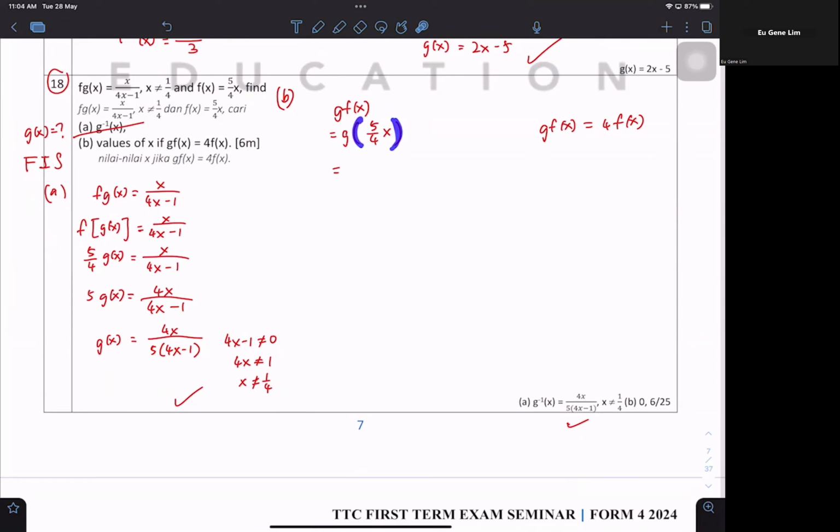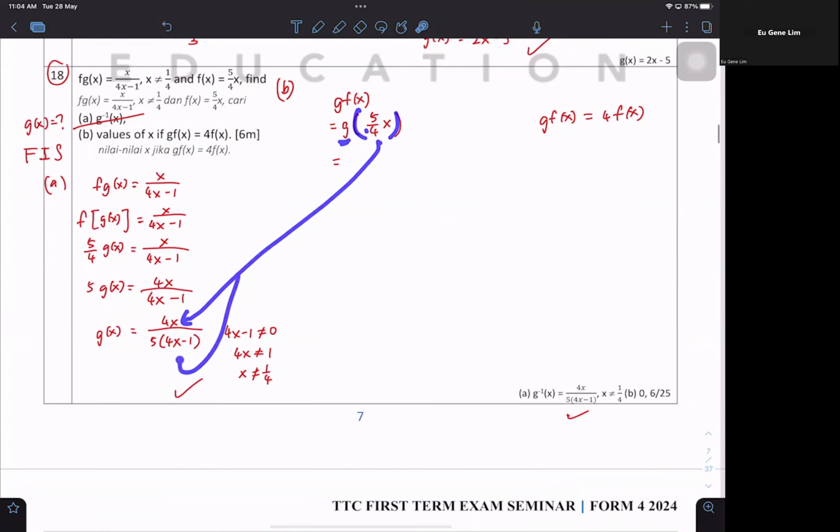But then this function belongs to G, right? Yes, this function belongs to G. So you actually take this bracket, sub into the x of the function G. You got both x also.